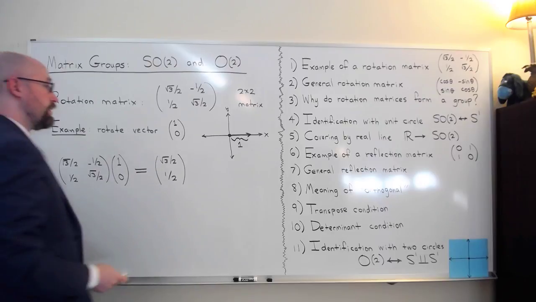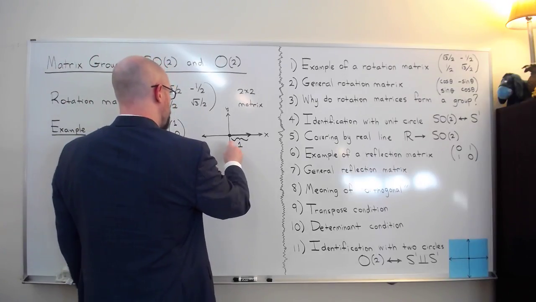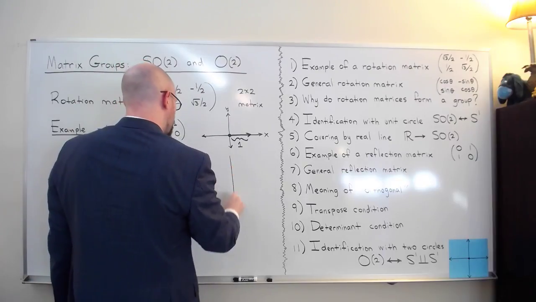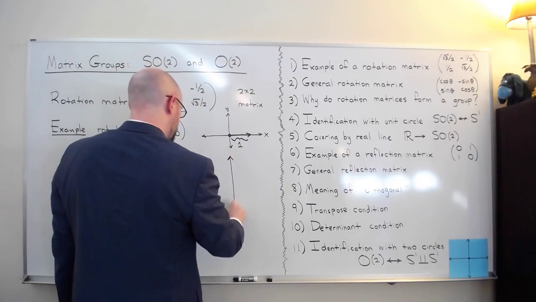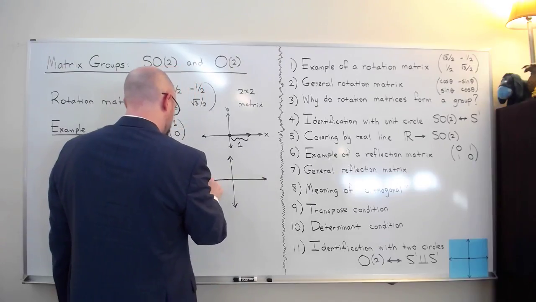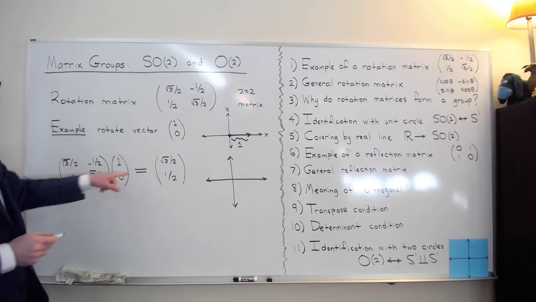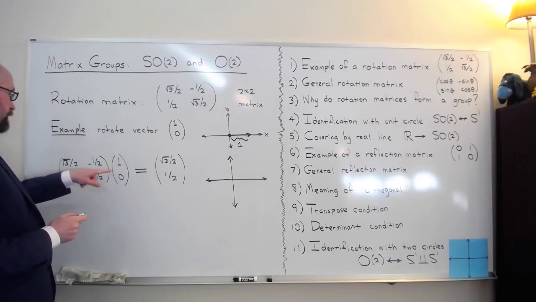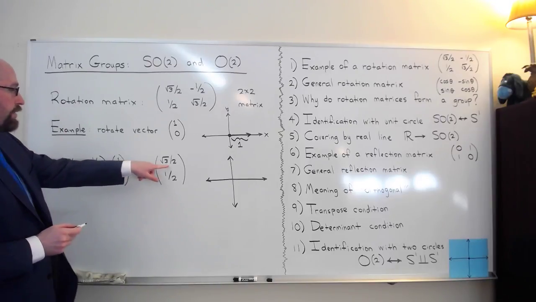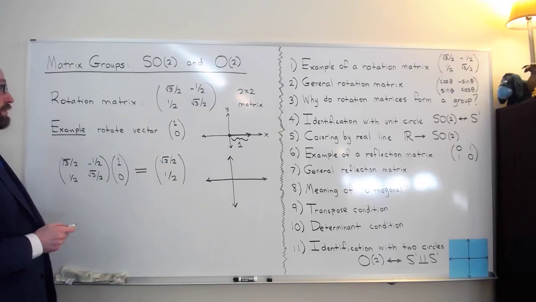Now, the way this looks, and maybe I'll doctor my picture here so I can fit in this one nicely. Now the x component is square root of 3 over 2, right?